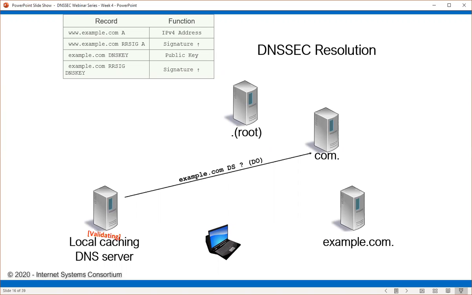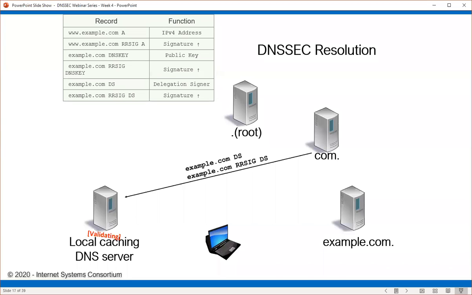So again, we're going to say, hey, give us the data, but also give us the associated signature. So in response, the com servers are going to give us example.com's DS record, which again is the hash of the key that's in example.com, which we've already retrieved. And we're going to get the RRSIG covering the DS record.